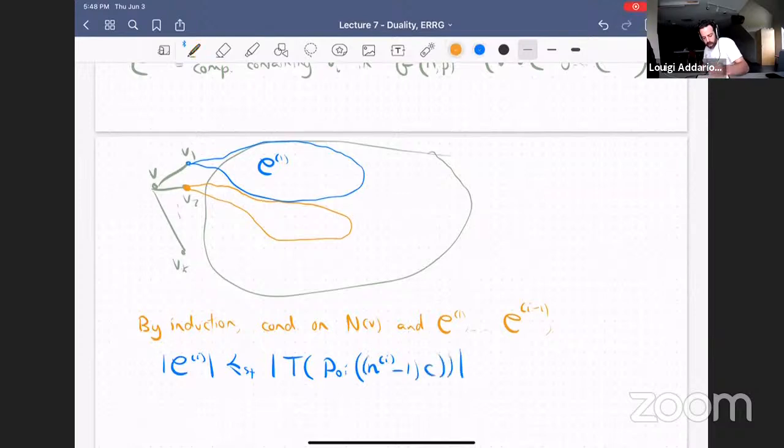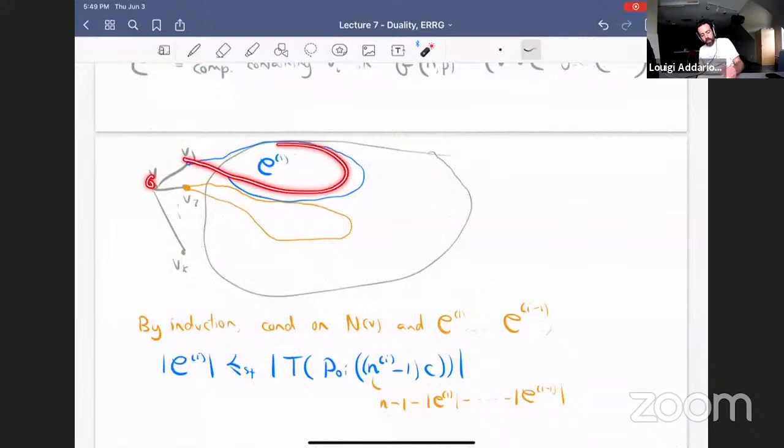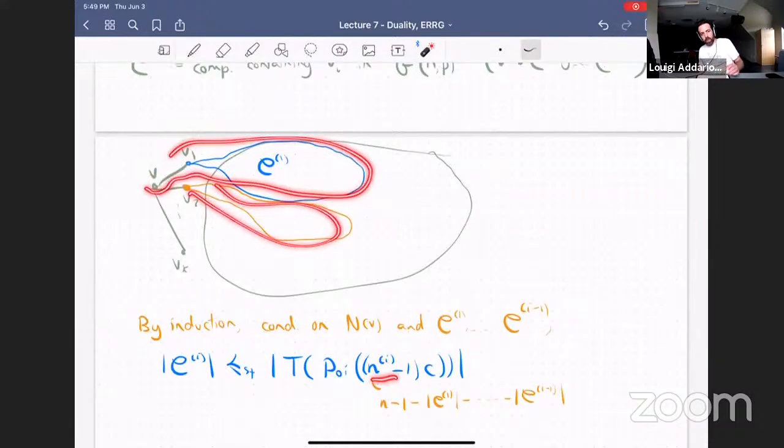And this is just n minus 1 minus the size of all those previous components. It's all the things you took away and weren't allowed to use when exploring the ith component. So this is just n minus 1 for v1, and then n minus 1 minus c1 for v2, and so on.